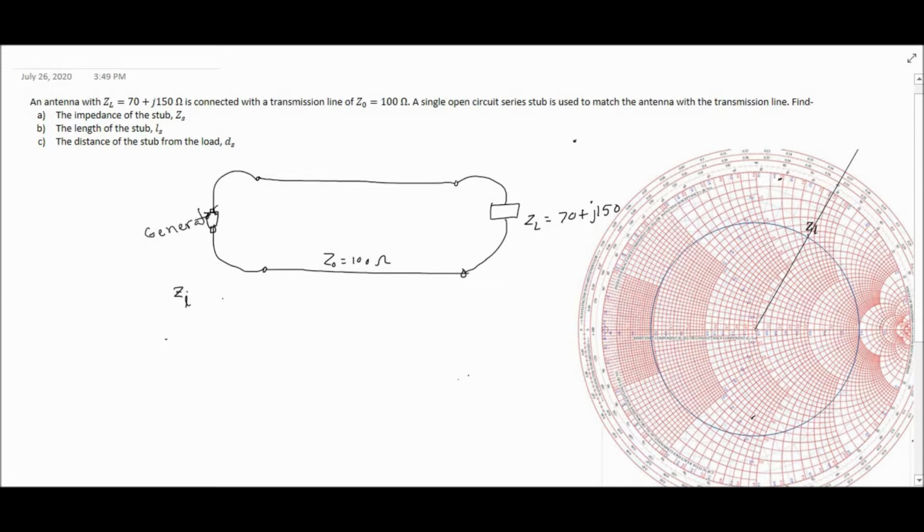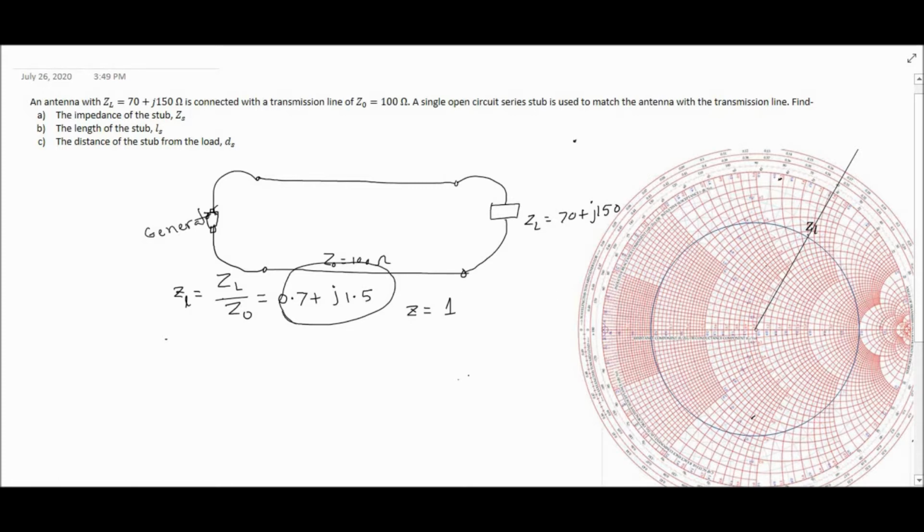Just ZL normalized, I use lowercase zl equal to uppercase ZL over Z0, which is equal to 0.7 plus j1.5. So basically, we have to make this entire system equal to 1. This will be my final impedance, that must be 1 to get a reflection free system.